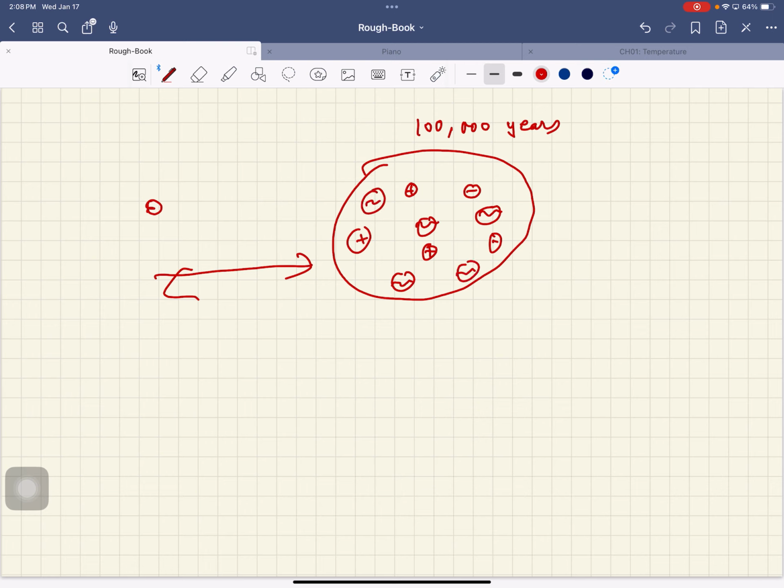Okay, what does the temperature tell you? How hot an object is. It's telling you the average energy of the photons and the protons and the electrons. Okay. Do you guys know the ionization energy of hydrogen?